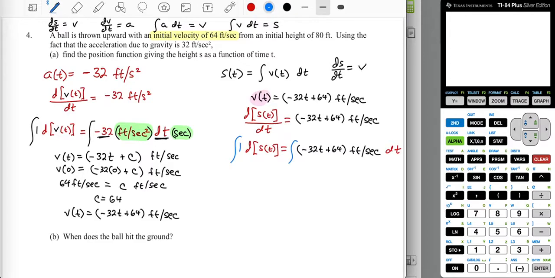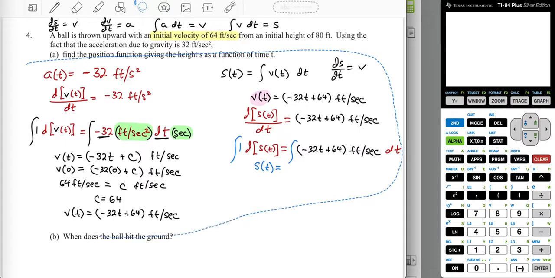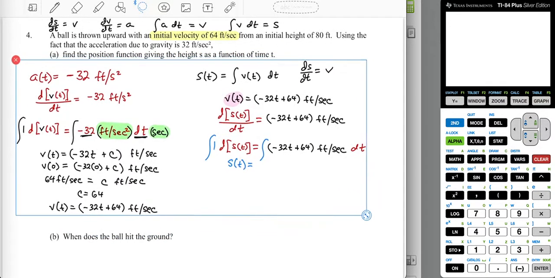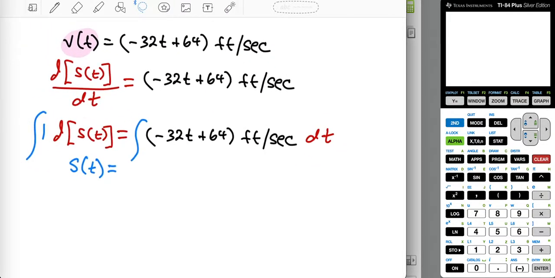Right, so the 1 becomes a s of t. The units associated with time again are seconds. So we have a nice little cancellation of the units of time, essentially.